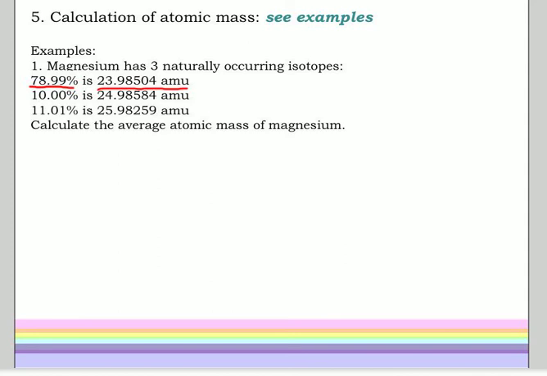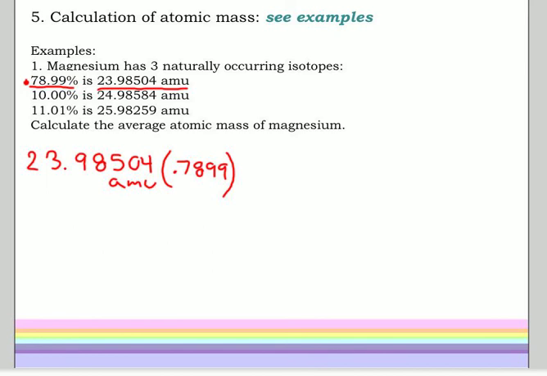So what we're going to do is say, okay, this one is 23.98504 AMUs. And we're going to multiply it by how common it is. It's 78.99% common. Mathematically, if we put that as a decimal, it's 0.7899. So that essentially takes into account how common it is. And then we just do that for each of the different isotopes.